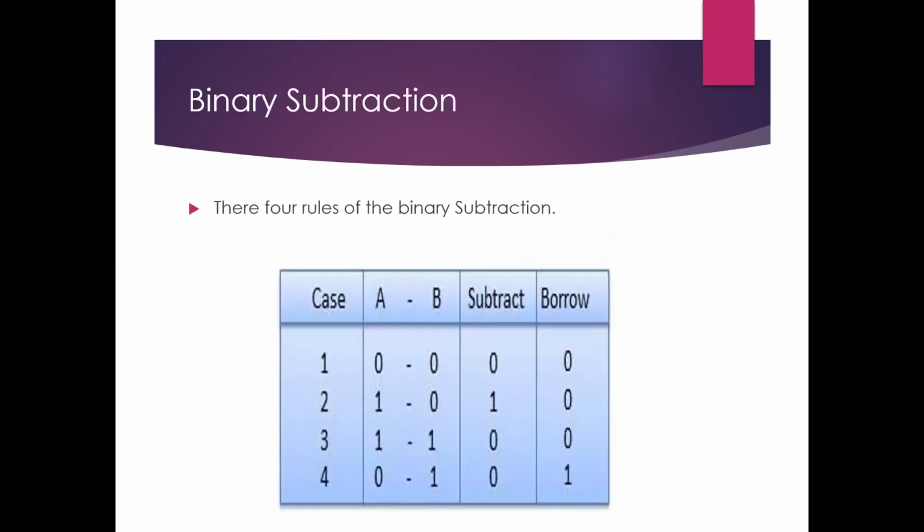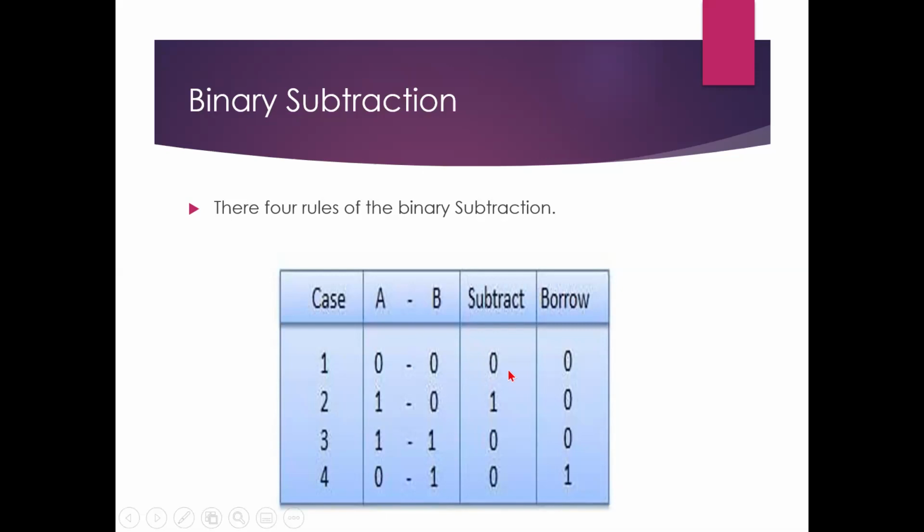Moving on to the next arithmetic operation, subtraction, binary subtraction. Similarly, as we have seen in case of addition, here in case of binary subtraction also, there are 4 rules. 0 minus 0, 0. There is something called borrowing in subtraction. I hope you all remember that.